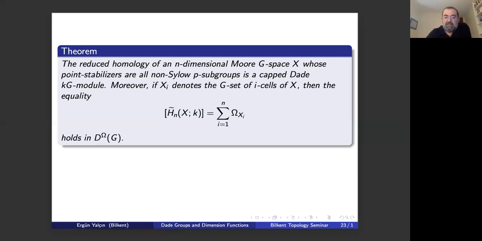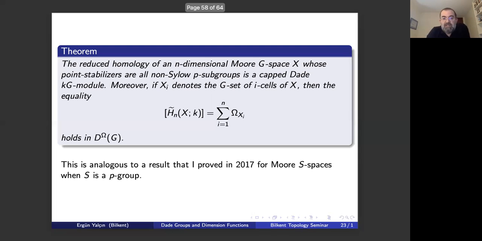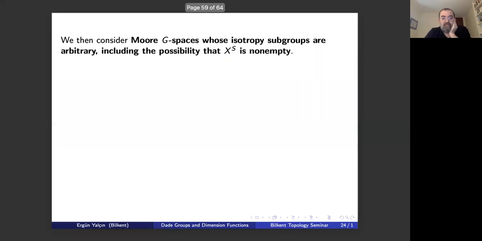But this theorem is exactly what you use to prove the main theorem as well. These theorems are for finite groups. For p-groups, this was proved in 2017. For p-groups, I had a separate paper in 2017 proving this.